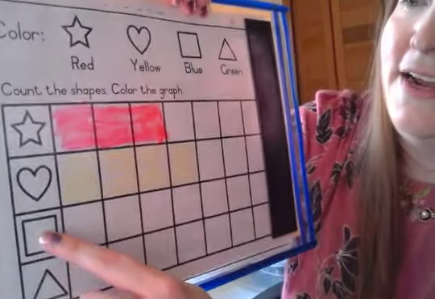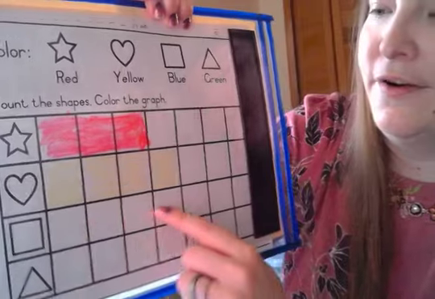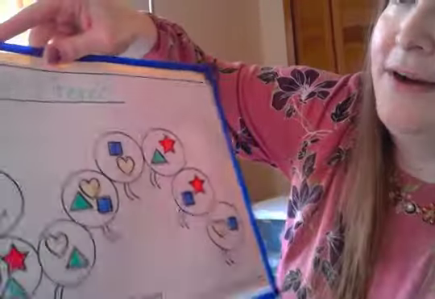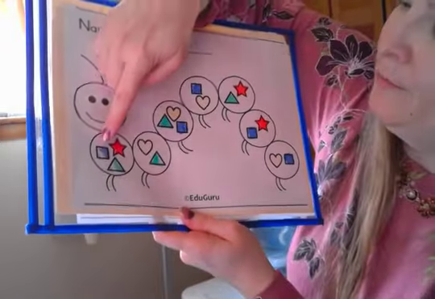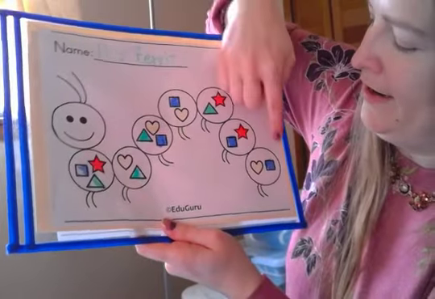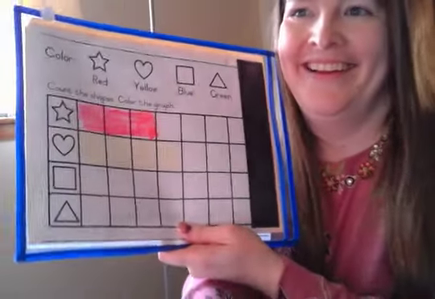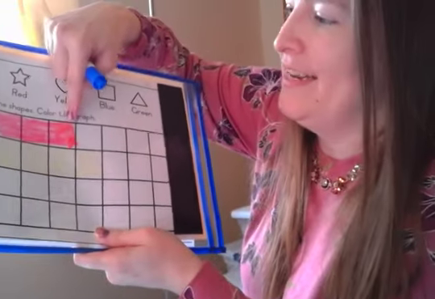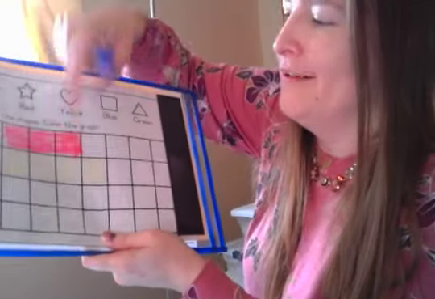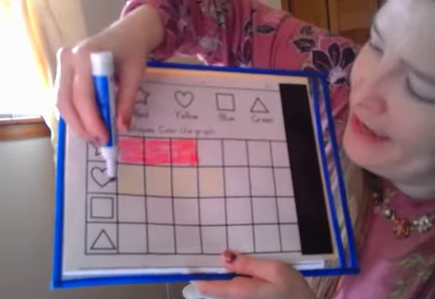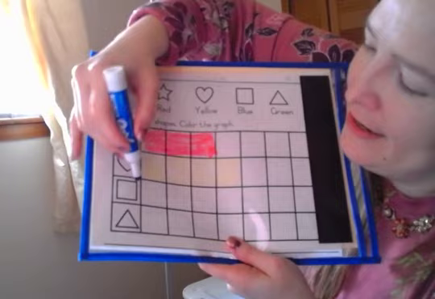And then next on our graph is the square. The square is right underneath the heart and its row goes across right here. So we're going to count the squares on our caterpillar. 1, 2, 3, 4, 5. Did you notice the numbers are getting bigger? So there were 3 stars and 4 hearts and there's 5 squares. So we have to mark off 5. If you want, you can also write the number.